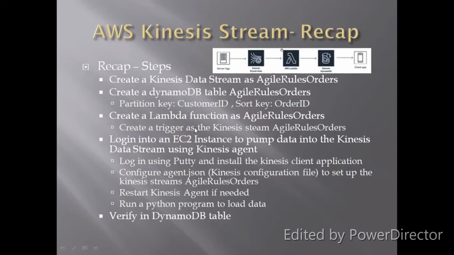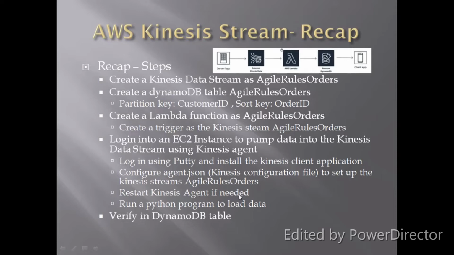Once we do all these three, we log into the EC2 instance we created during the first demo to pump the data into the Kinesis data stream using the Kinesis agent. So log in with PuTTY, install the Kinesis client application if not already installed, and configure the agent.json file. Previously we configured it for the Firehose; now we are going to configure it for this data stream.